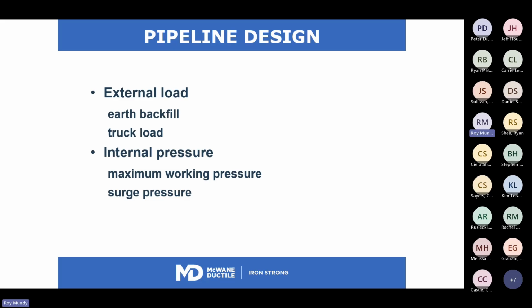External load, which is the earth backfill and potentially vehicular loading, which is usually an H20 loading with a loading component of a tractor trailer, if you will, and the internal pressure. What is the maximum working pressure for the pipe? Also coupled with what could be potential surge pressure in the interior of the pipe.